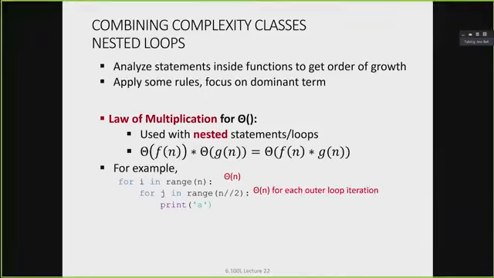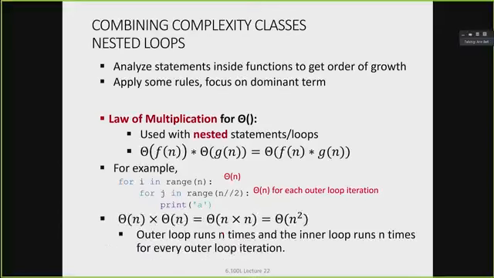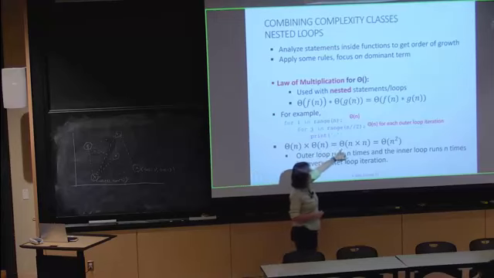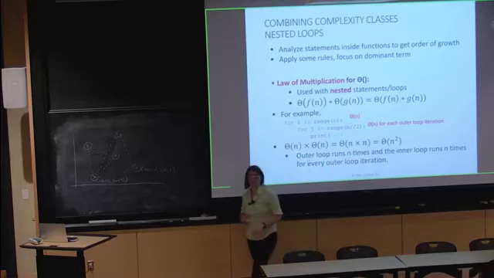Even though I'm dividing n by 2, 0.5 times n is still theta of n, right? That multiplicative constant in front of that n is 0.5, which still leads me to theta of n. The print is constant, so there's nothing else to multiply there. So the law of multiplication just says theta of n times theta of n is theta of n squared inside there.